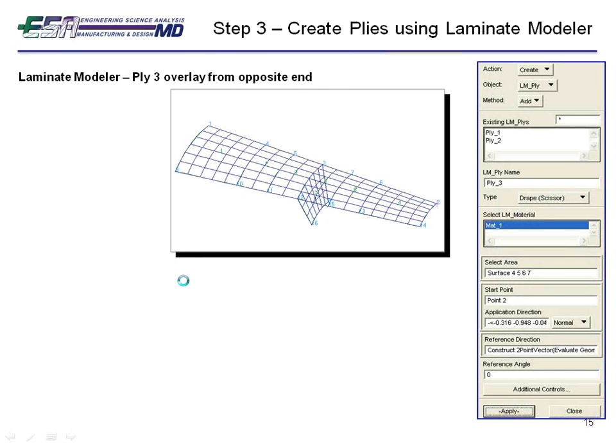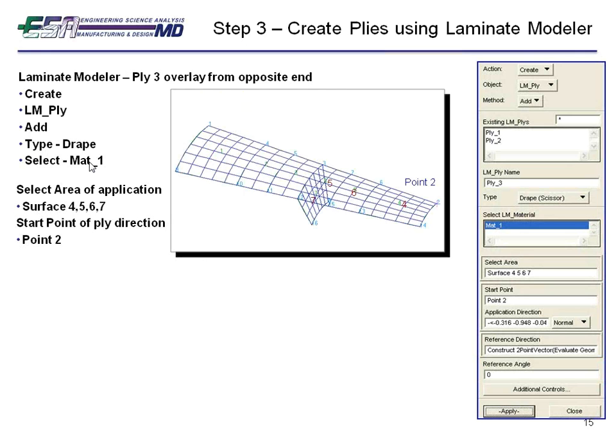So ply 3 overlies or drapes the ply on the underside or the opposite side of the fairing. So again, Action, Create, Object, Laminate Ply, Add, Type, Drape, and we're going to select the same material.